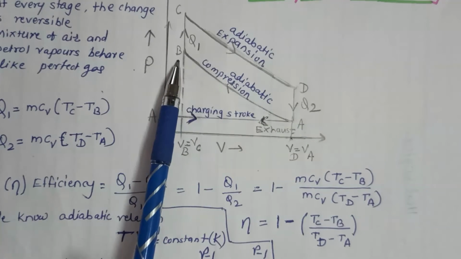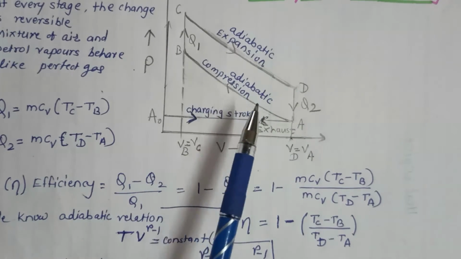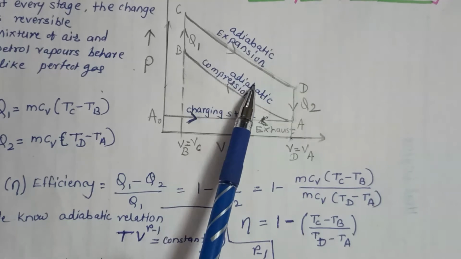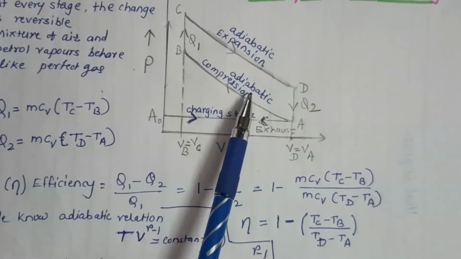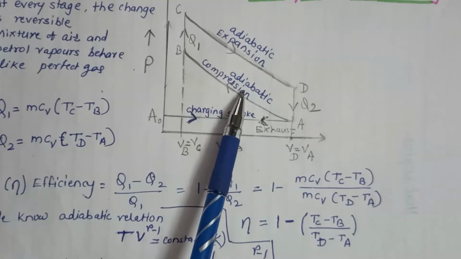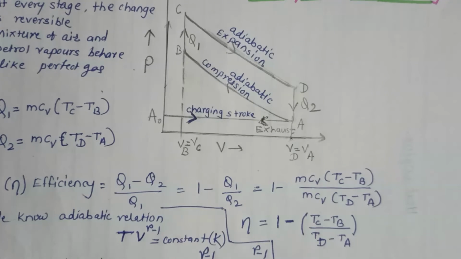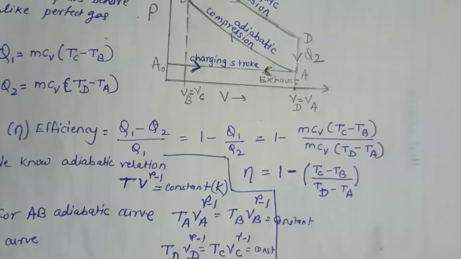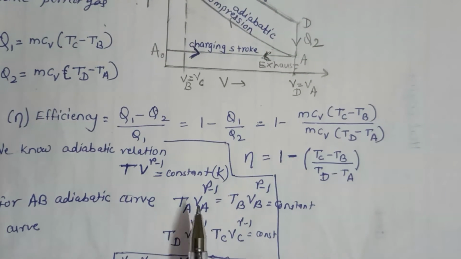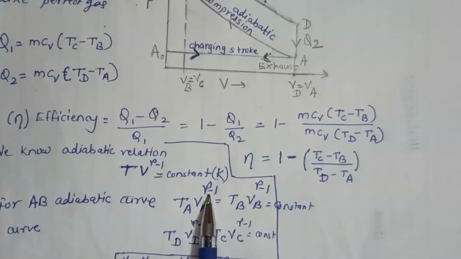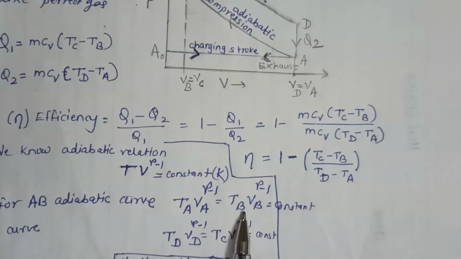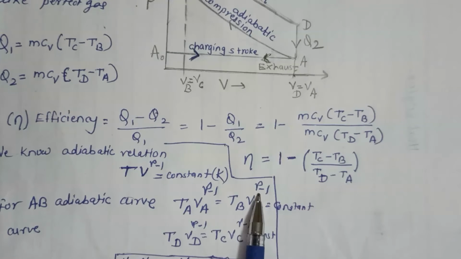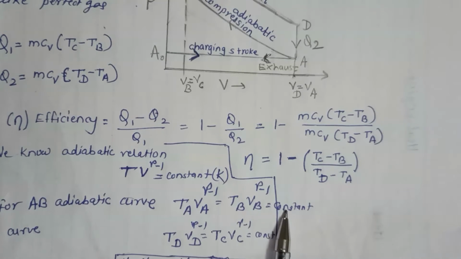Along AB the mixture undergoes adiabatic compression, so that the adiabatic relation for AB curve is given as TA VA raised to gamma minus 1 is equal to TB VB raised to gamma minus 1 is equal to constant.